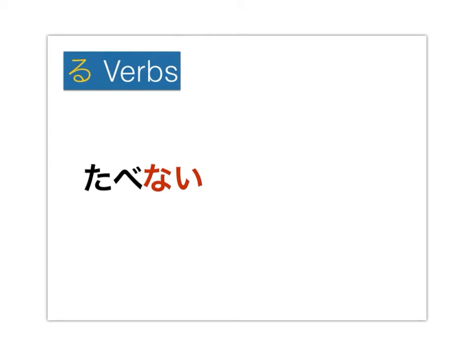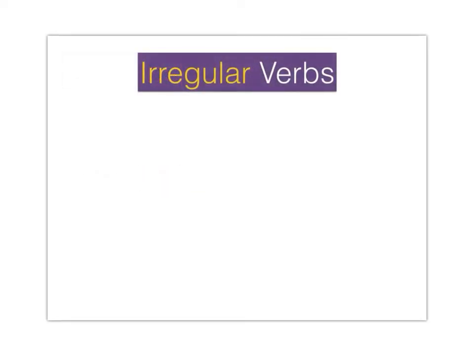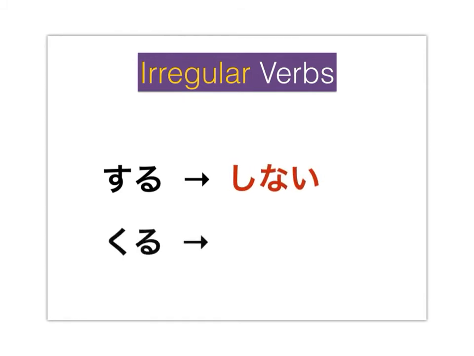What about our 2 irregular friends, the holdouts suru and kuru? As always, you'll have to memorize these 2. Suru in its informal negative turns into shinai, and kuru, to come, turns into konai in its short negative form.